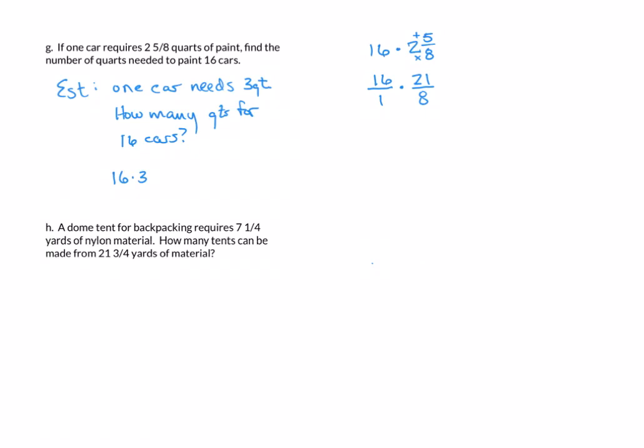And now let's go ahead and cancel. 16 and 8 are both divisible by 8. We get 1 and 2. If we multiply, we get 42 over 1, or just 42. We include our correct units, so we get 42 quarts.